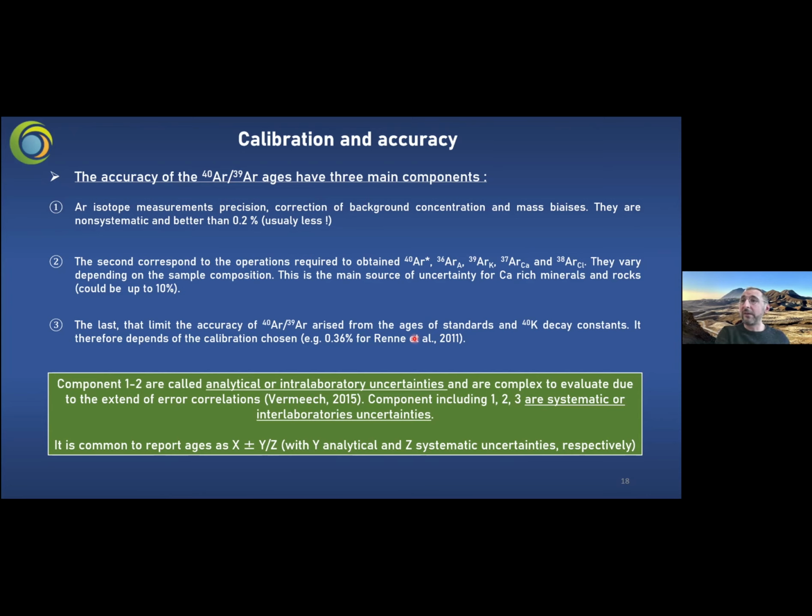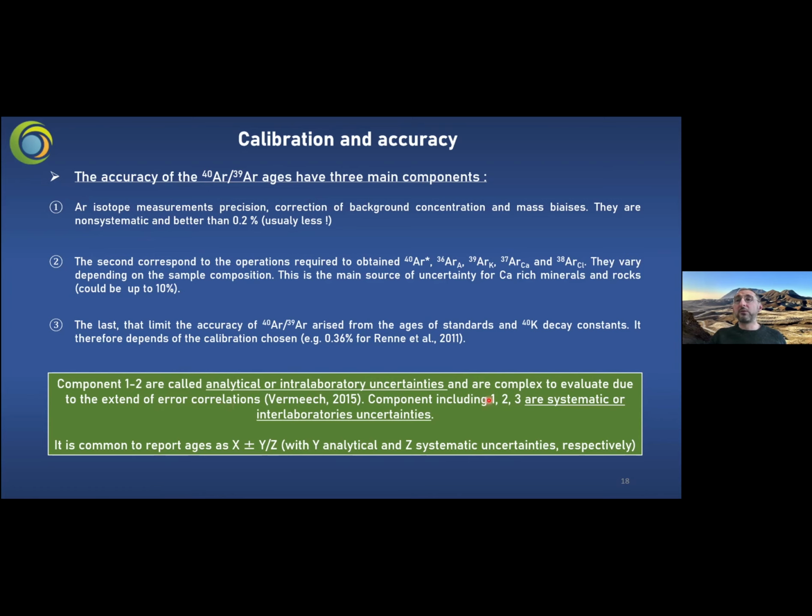So if you compare rhenium-lead with argon-argon, you have to include this uncertainty. It's usually never done. So the components 1 and 2 that I listed here are analytical or intra-laboratory uncertainties. They are complex to evaluate, because there is a lot of error correlation that you have to take into account.